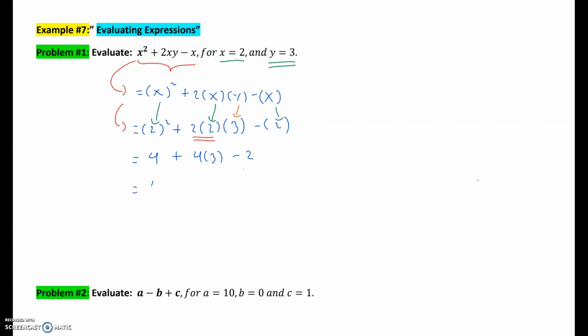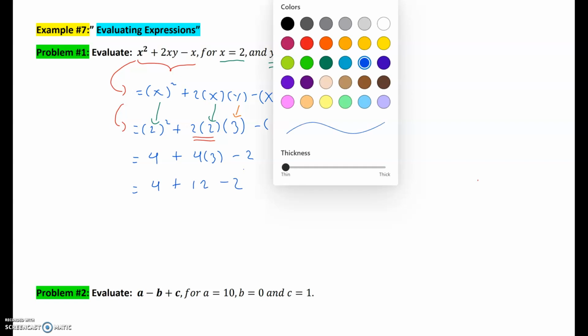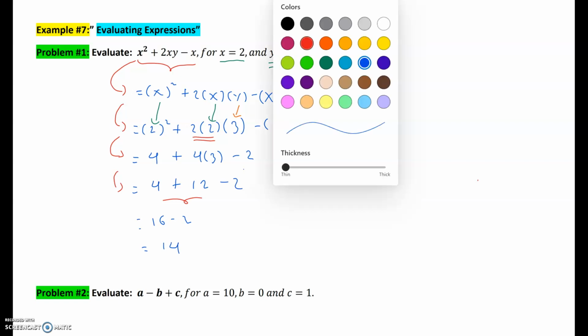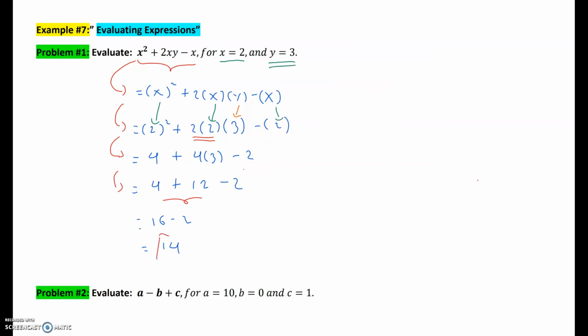So this is equivalent to 4 plus the values of 12 minus 2. And then I'm just going to apply the order of operations from left to right. So adding the first values on the left, so 4 plus 12 is equal to 16 minus 2. And this is equal to 14. So that's our final answer.